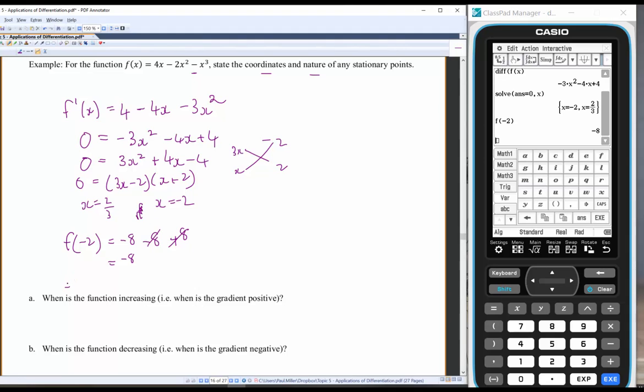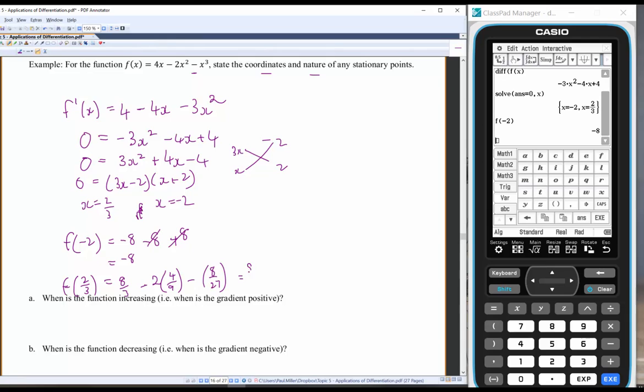Okay, so I should be able to sub that in. 2 on 3 equals 4 lots of 2/3 is 8/3. Take away, 2 lots of 2/3 squared is 4 on 9. Take away 2/3 is 8 on 27.